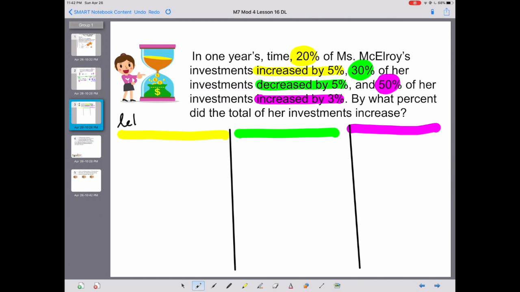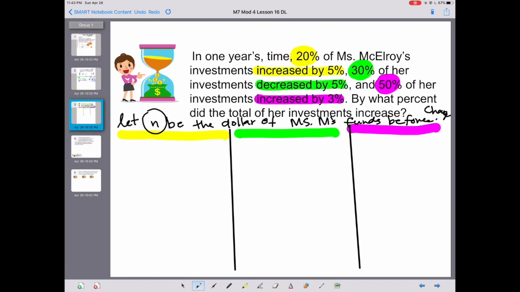Let n be n again, the dollar amount of Miss M's funds before the change. So before the change she had some money, and that's what happened.